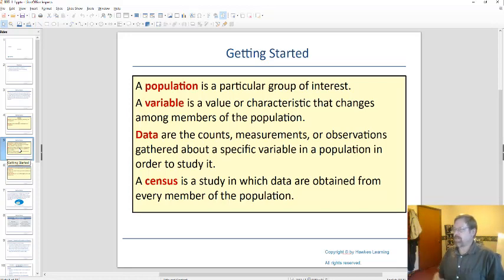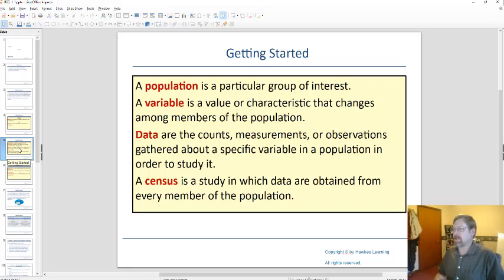A variable is a value that changes among members of the population. So, eye color could be an example of a variable. Incoming SAT scores could be a variable. GPA could be a variable. All sorts of things could be variables, anything that could be different between members of the population.